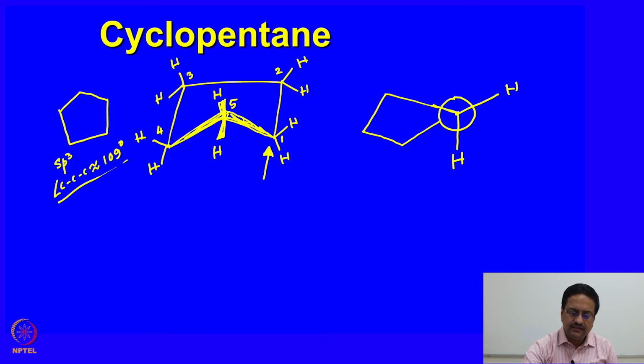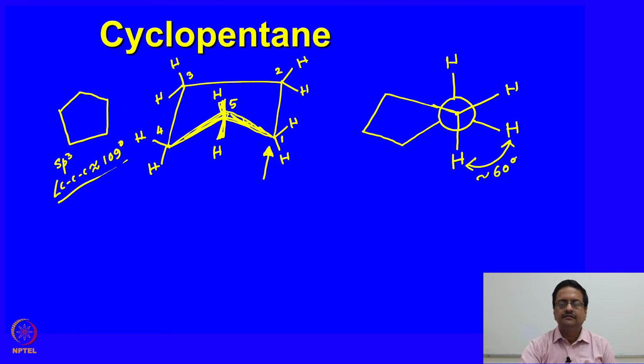So what we see is that it attains a gauche type of conformation which is not an eclipsing bond. So the eclipsing torsional strain is released. It is close to about 60 degrees, like a gauche conformation, and we have all hydrogens at a torsion angle of 60 degrees.